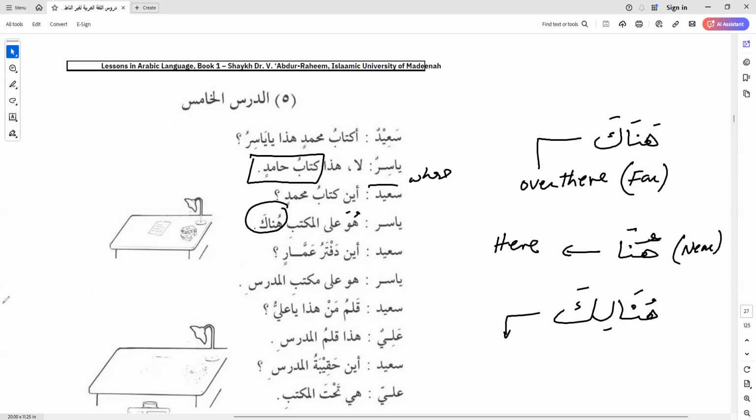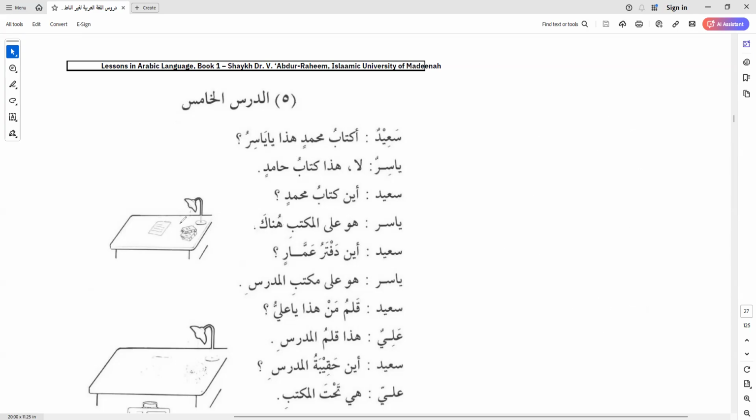Yasser is saying the book is, it is, on the desk over there, as you can see in the picture.